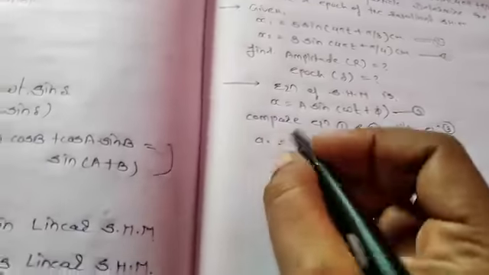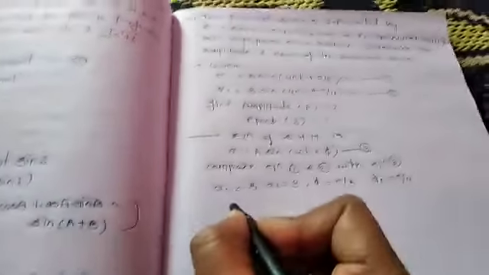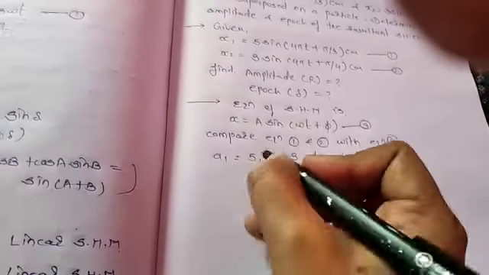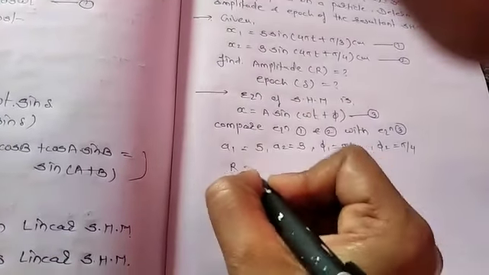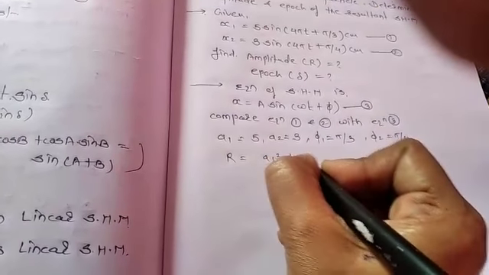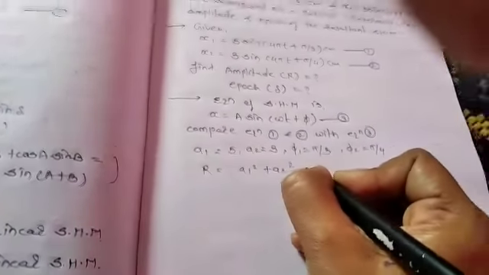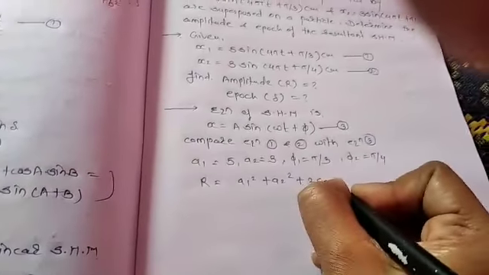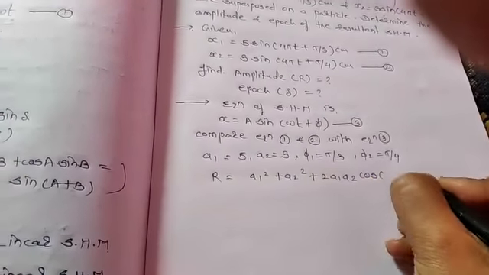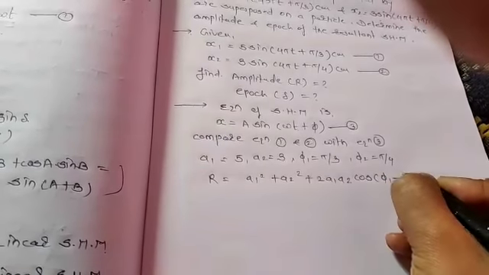Then we have the formula for the resultant amplitude: R is equal to the square root of A1 square plus A2 square plus 2 A1 A2 cos of phi 1 minus phi 2.